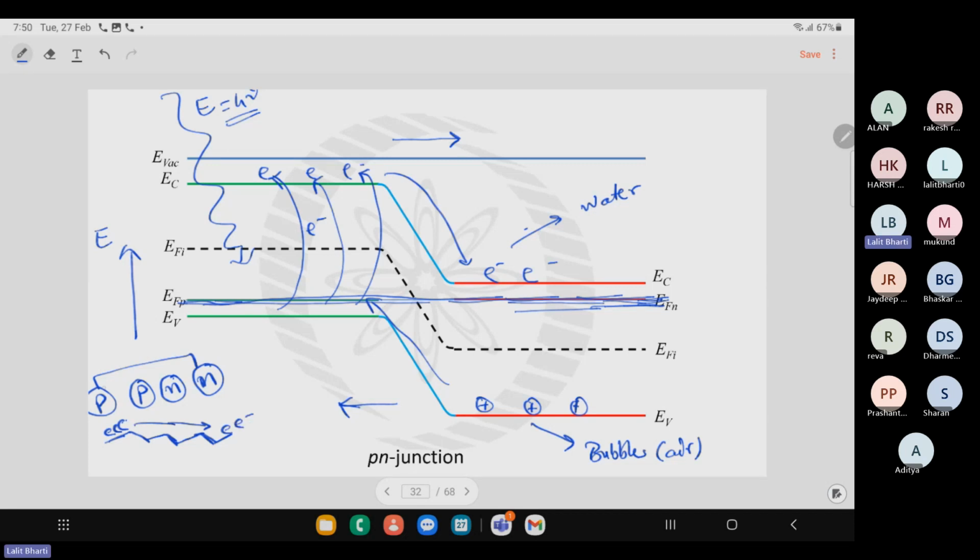So these are used in making improved solar cells, or sometimes in the research field they use this kind of thin films of highly doped p side or highly doped n side. So they improve the drift of the electrons to make them more conductive. So these kinds of structures are also used, and it is called, I'm not getting the exact term.